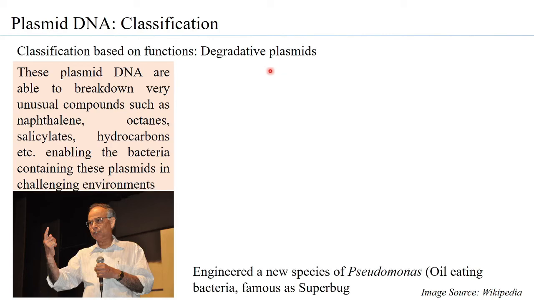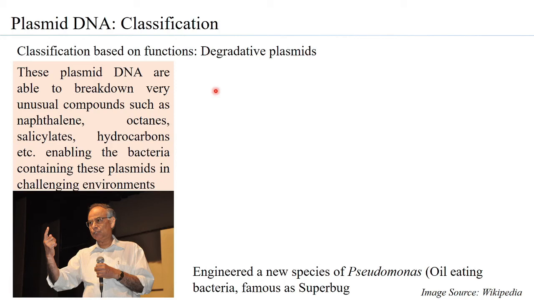Now, degradative plasmids we immediately almost associate with Dr. Anand Mohan Chakrabarty. He was an Indian American scientist who worked with Pseudomonas species, and these Pseudomonas species have degradative plasmids.